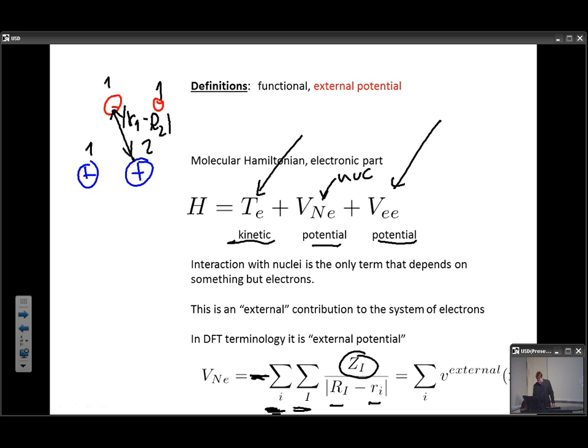It's Coulomb attraction. So since it is not a natural property of electrons, since it is something external, it is referred to as external potential. I'm not a big supporter of this term, but all literature uses it, so we better agree on using it at least for this chapter. Okay.